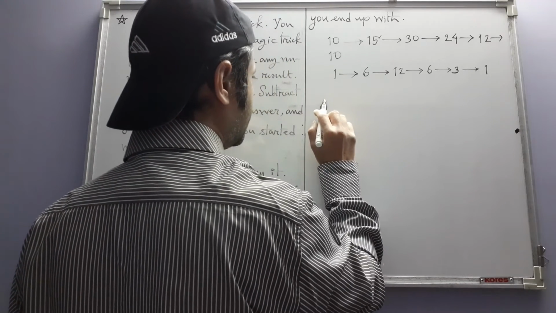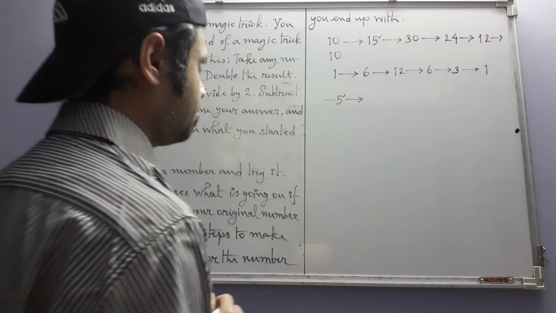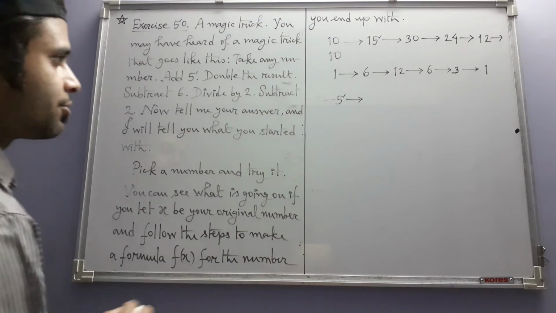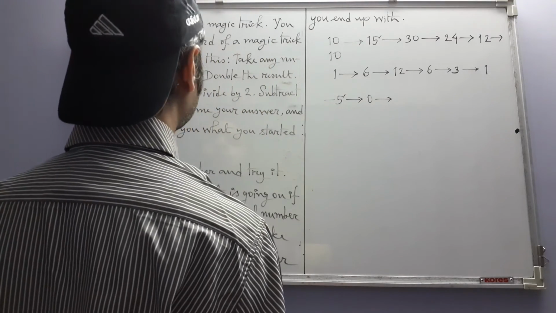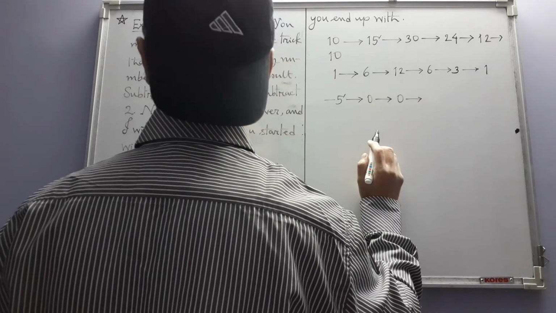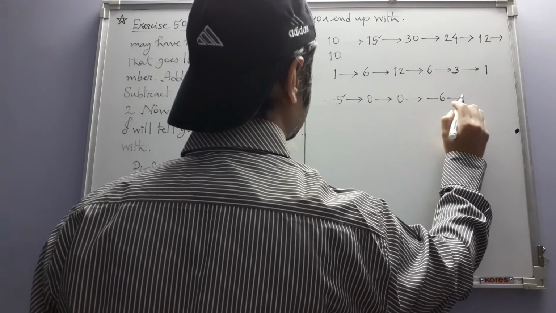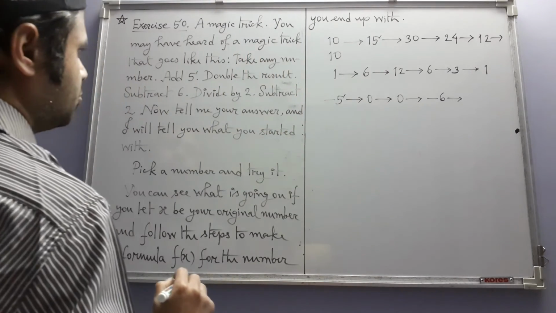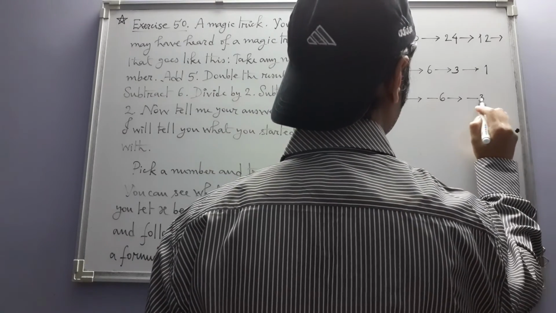If you take a negative number, say -5, what happens? Add 5, so that means 0. Double the result, again 0. Subtract 6, -6. Divide by 2, -3.